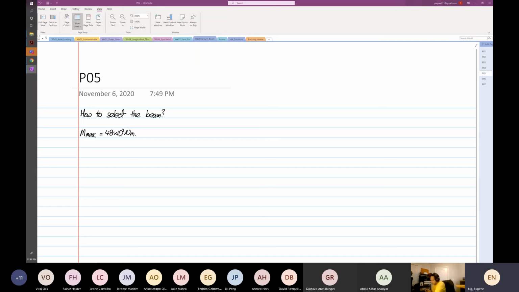So the equation that we're going to use, and you guys have seen this before, is maximum stress, or your allowable stress, will be equal to M max Y divided by I. All this is very obvious for you guys.